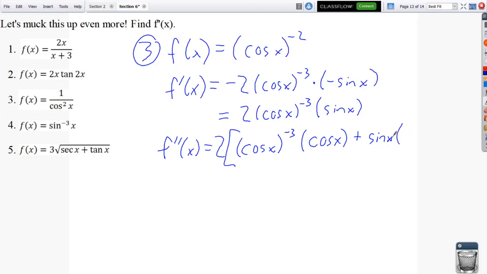The ickiness here, I see I've got a composition of functions again. I'm going to have negative 3 cosine of x to the negative second times negative sine of x.